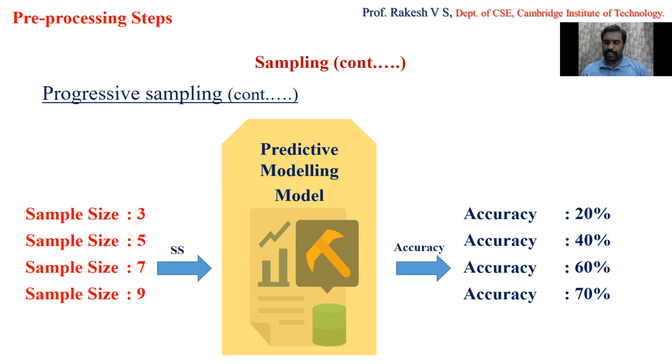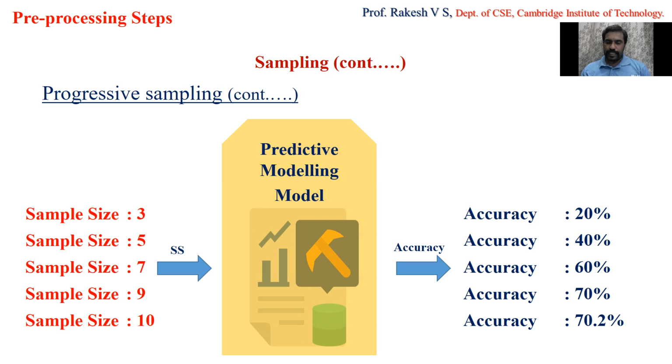From this observation I can understand that if I keep on increasing my sample size, I may not find much increase in the accuracy level. So I increase the sample size by 1 unit and check the increase in accuracy. The accuracy is found to be 70.2, just a 0.2% increase.